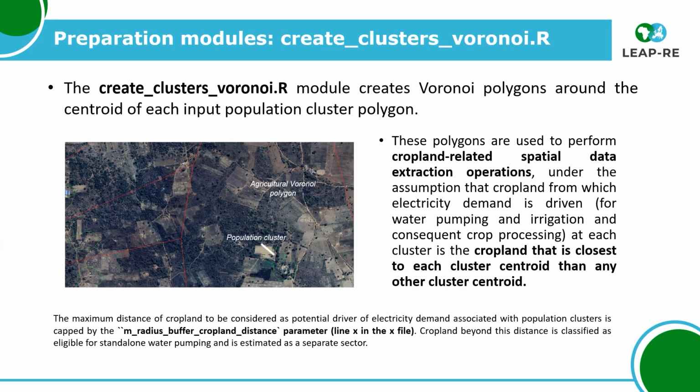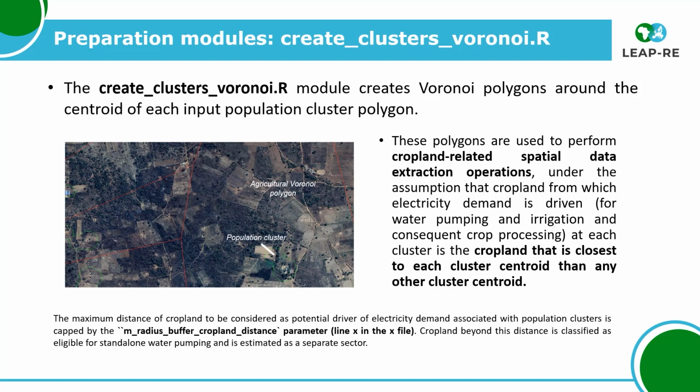Another preparation model is the Create Clusters Voronoi polygon, which is a model responsible for creating Voronoi polygons around the center of each population cluster polygon. You can see a representation here. For instance, you have a centered population cluster where you can see from the satellite imagery certain buildings. So that's the unit of analysis of MLED.